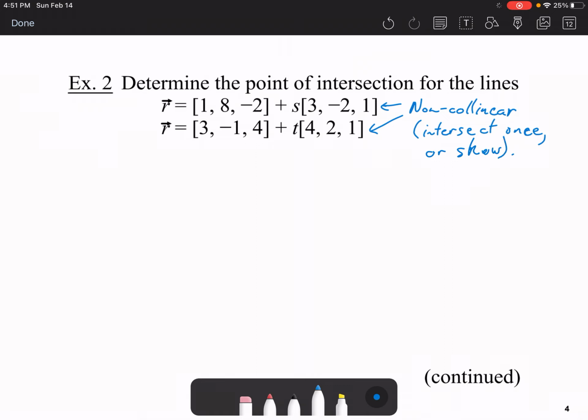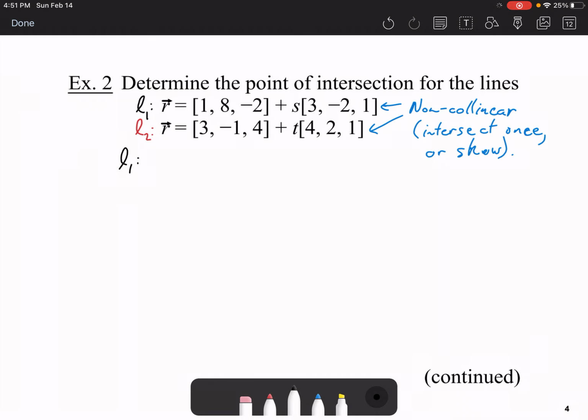No matter which option we have, the best choice to make is to list line 1 and line 2 in terms of their parametric equations.